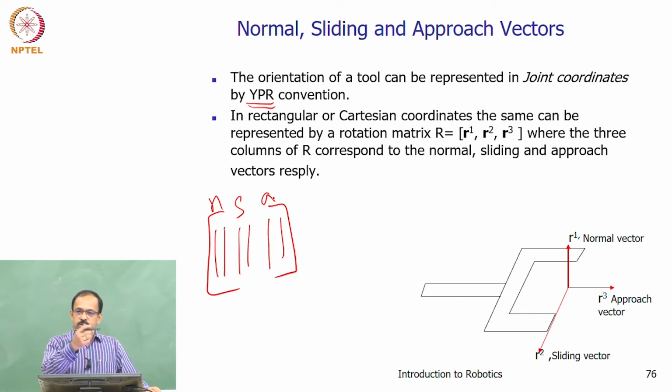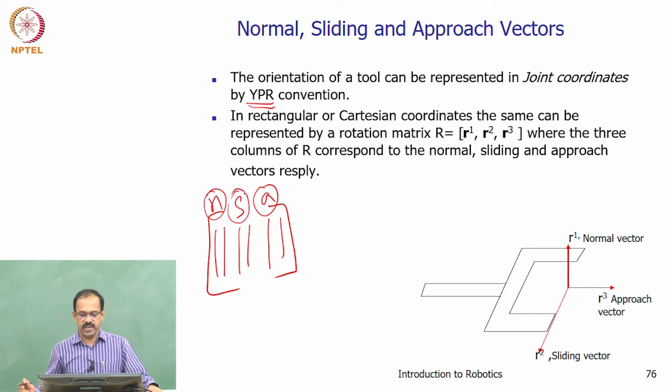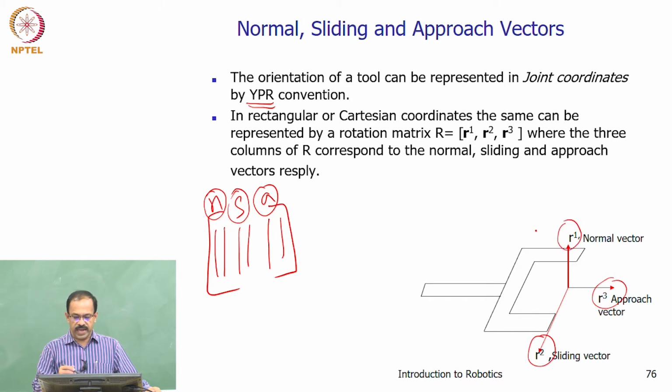Because this YPR, yaw, pitch and roll, changes the orientation, and the orientation can be represented as vectors, and they are the normal, sliding and approach vectors, N, S, A. So the approach vector is along the z-axis, and this is along the y-axis, and this is along the x-axis. So the normal is along the x-axis, this is the y, and this is z.